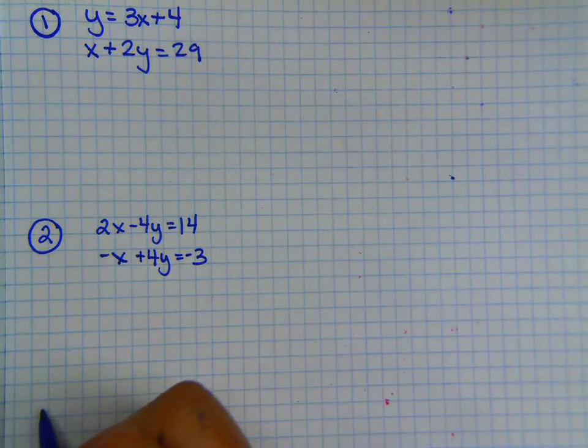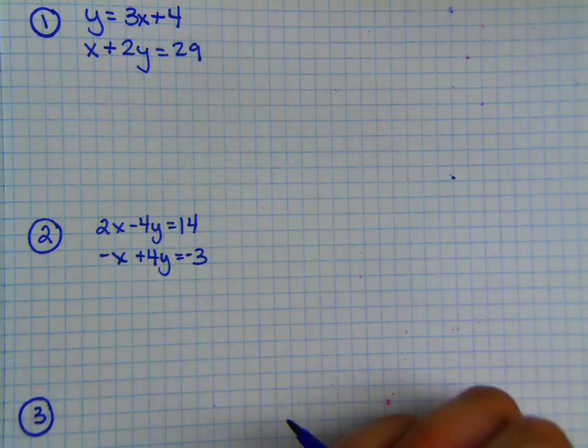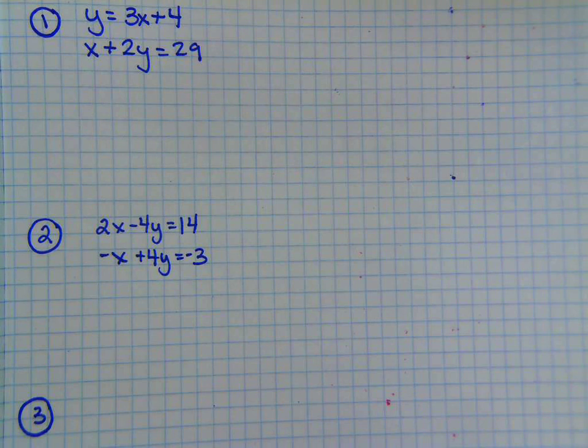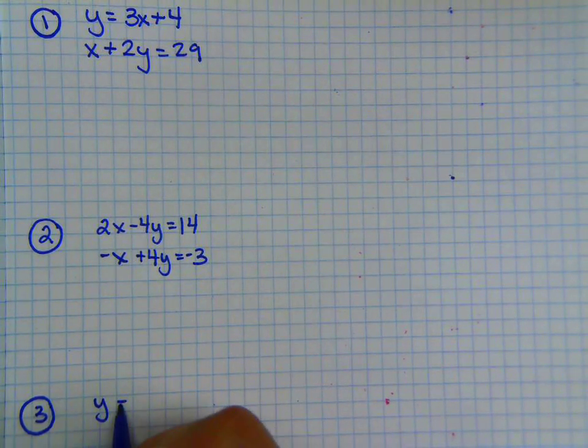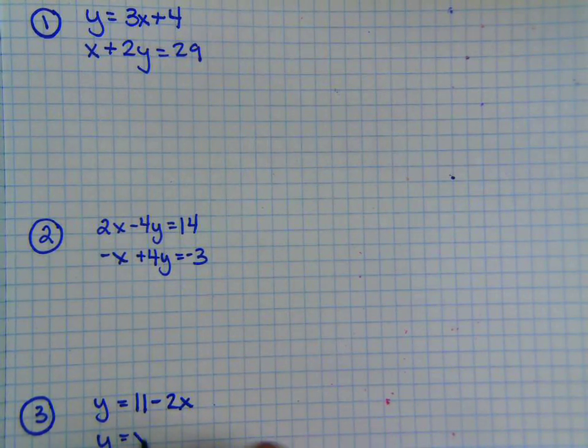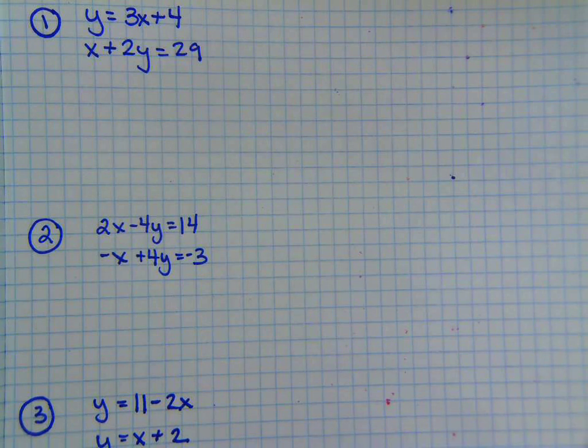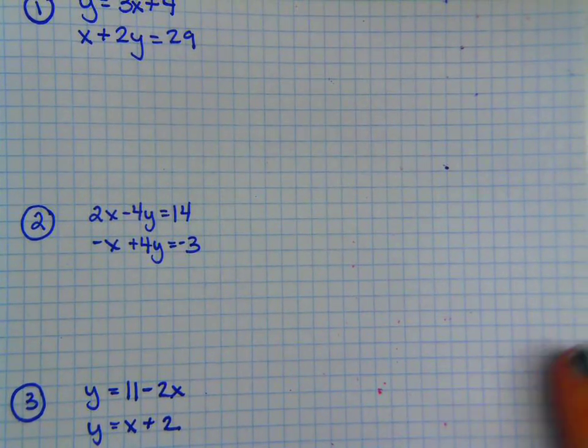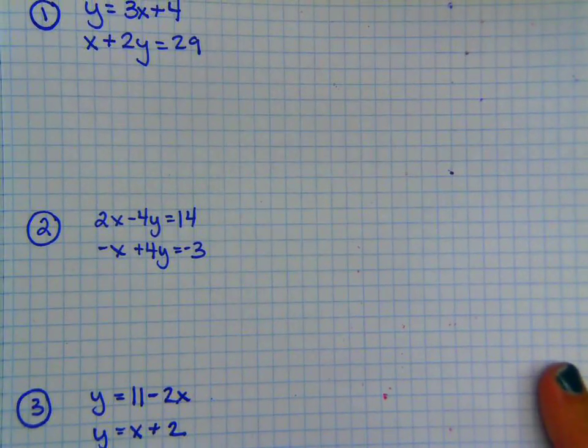And then the final one, number 3, is going to be y equals 11 minus 2x and y equals x plus 2. Okay. So go ahead and solve those 3 on your paper, and we'll talk about them the next day in class.